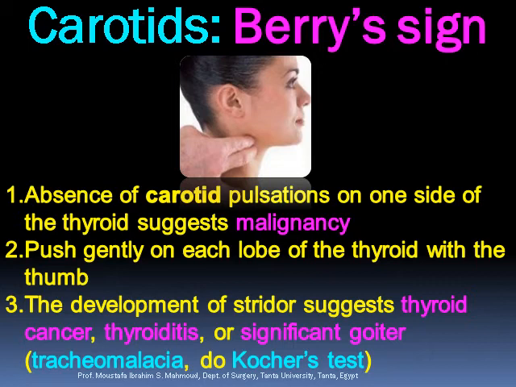Push gently on each lobe of the thyroid with the thumb. The development of stridor suggests thyroid cancer, thyroiditis, or significant goiter. If there is tracheomalacia, we do the Kocher test to prove or exclude its presence.